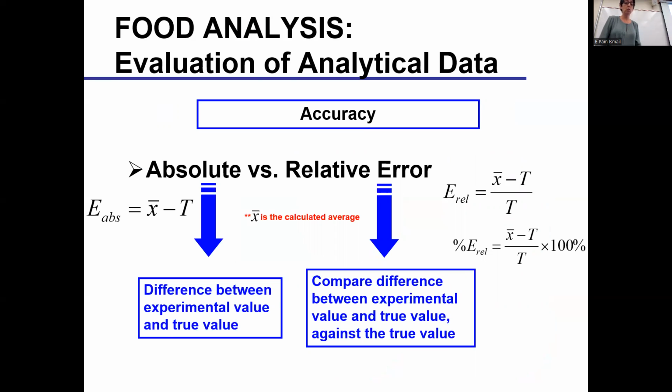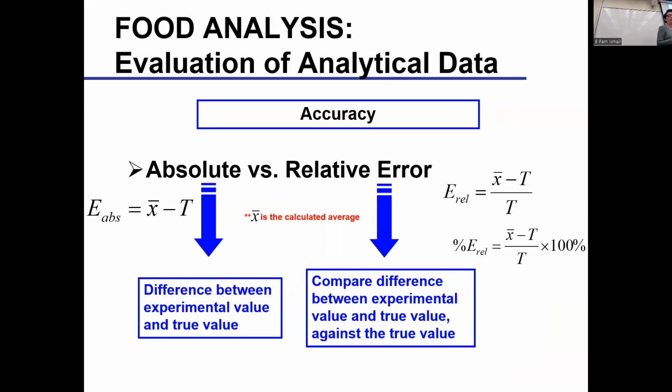All right, in terms of accuracy and how we measure it, we obtain our average based on a set of replications, and then we either have a reference sample that we are measuring alongside our samples, or we have a reported value for a reference.